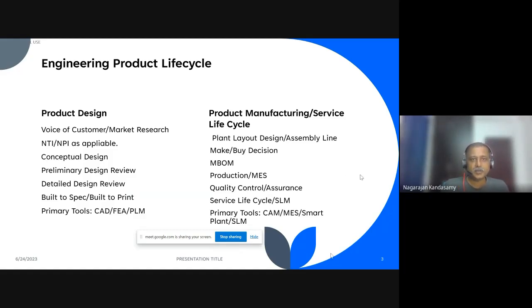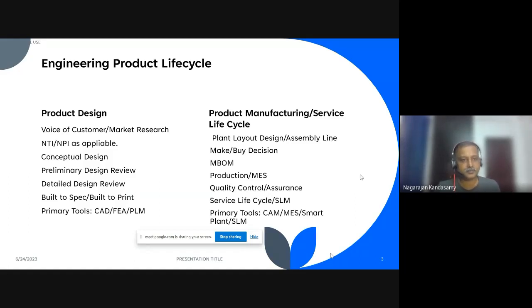In a typical engineering product lifecycle, this may be based on my direct industry experience. Maybe from an academic or theoretical sense, that could be slightly different, or there are other ways of representing it. But this is based on what I have experienced in the industry.